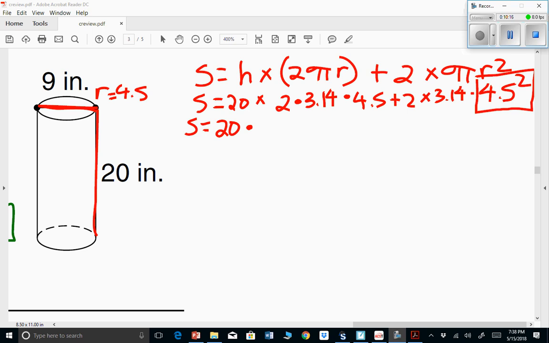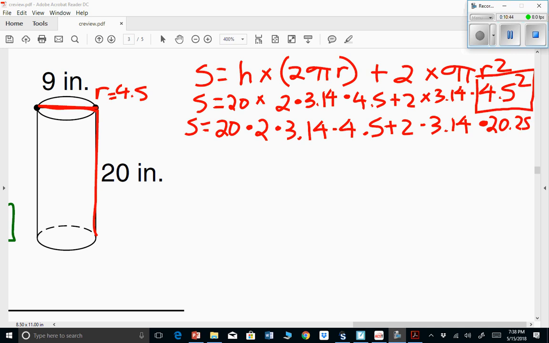Sorry, I'm confusing you. Okay, so I copied everything right up to that 4.5 squared. So I'm going to put that in my calculator. 4.5 squared is 20.25.